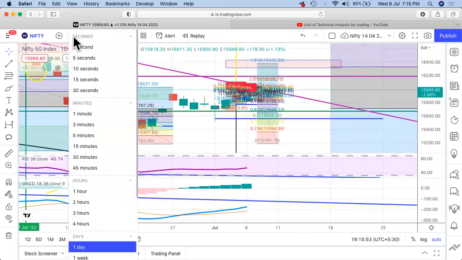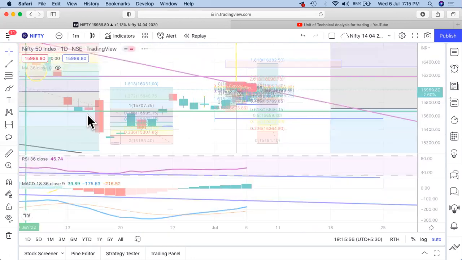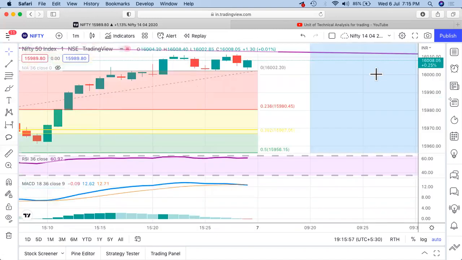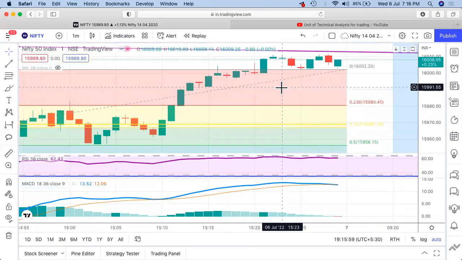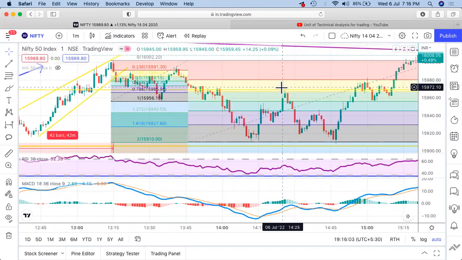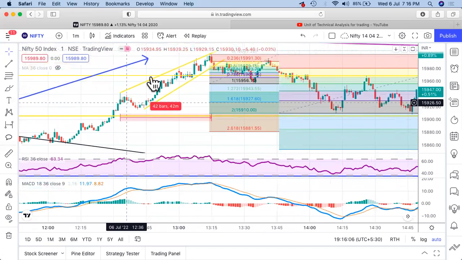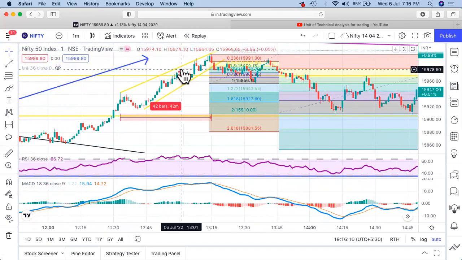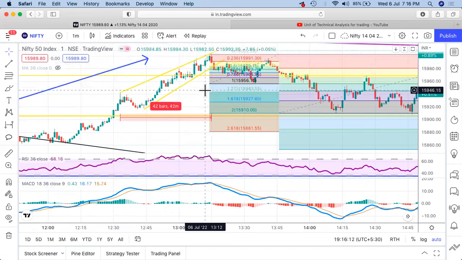Let me come down to the minutes part. For example, this point is there, this point is there. So you just keep drawing a line together, and you know that, okay, if the price is just touching that and coming down, probably you need to just get alert. If you are into a long, probably you can start trailing your stop loss.